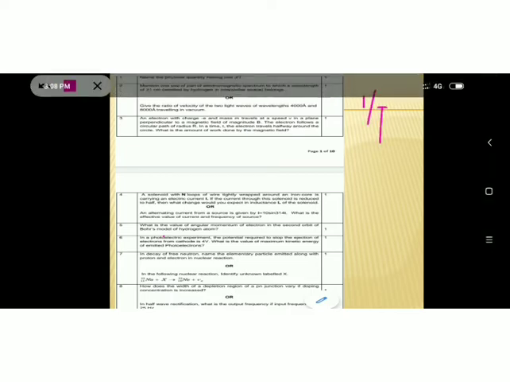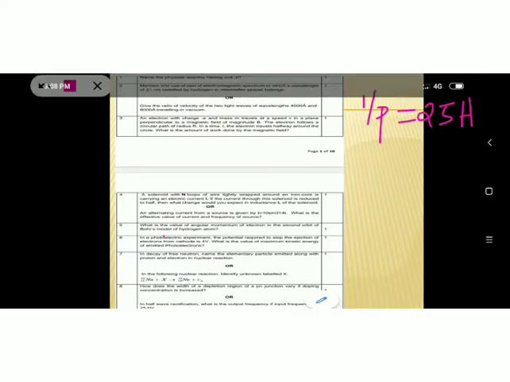Okay. Now what is the next question? It's not clear, but I know the question, so I will discuss that. In half-wave rectification, what is the output frequency if the input frequency is 25 Hertz? So here the input frequency is 25 Hertz, and in the case of a half-wave rectifier, input frequency and output frequency will be equal.